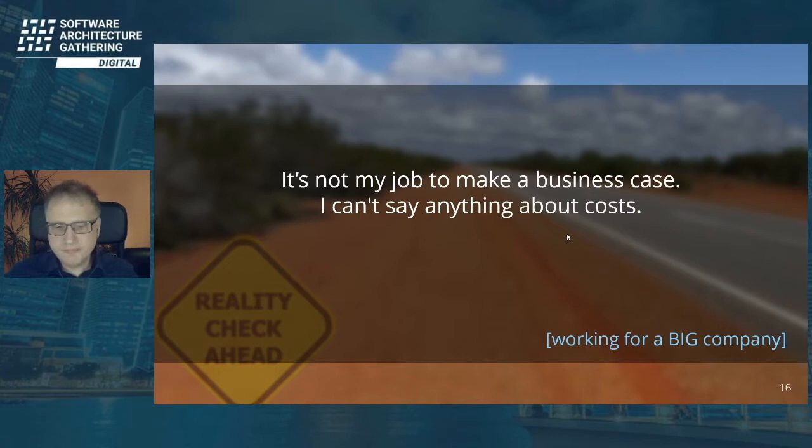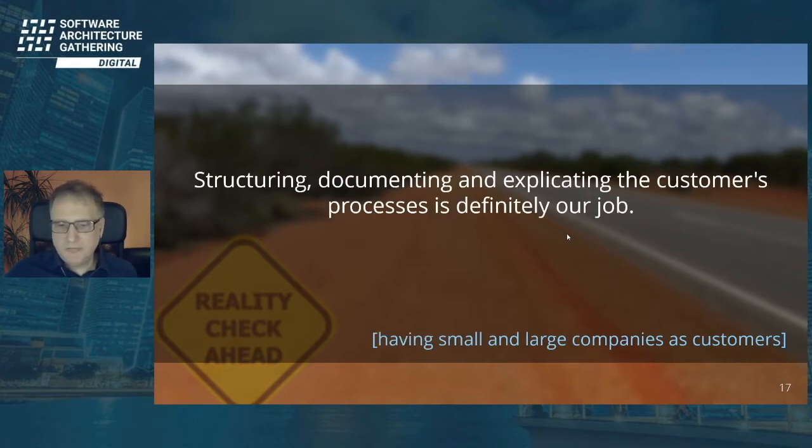So on the other end, on the completely different end of the spectrum of responsibilities, there's the feedback that structuring, documenting, and explicating the customer's processes is definitely our job. This is what we do. If the customer has bad business processes, we have garbage in, garbage out.